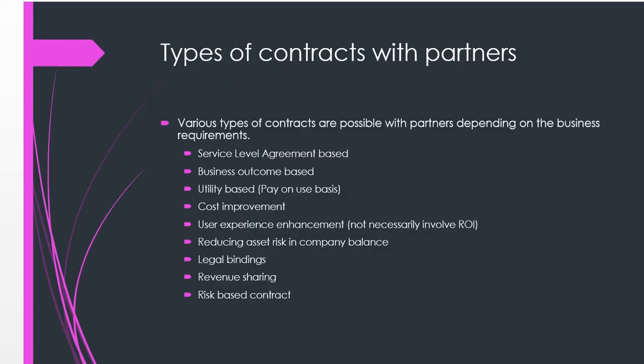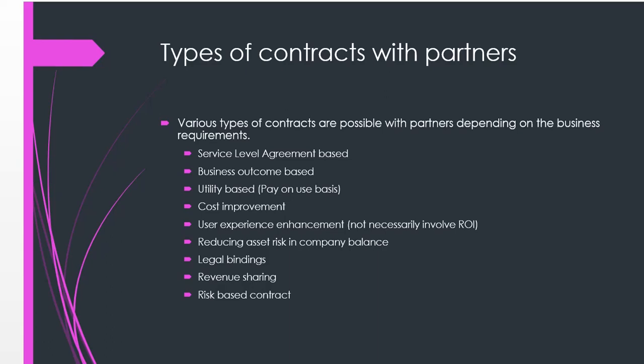So the types of contracts that you get into with your partners are of various types, and some of them are of the following types. The first one can be a service level agreement, where you say we expect a certain level of service in order for us to pay you, or for you to be able to get certain benefits from us.